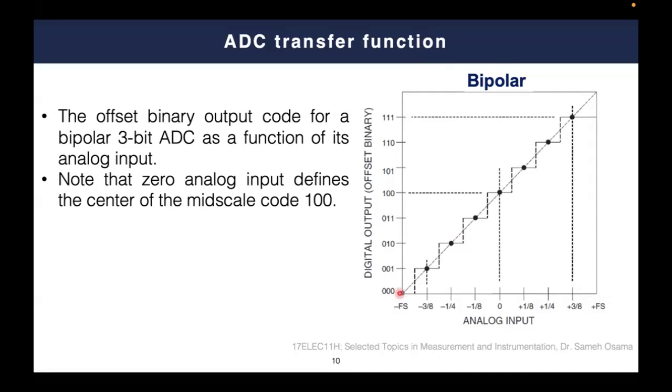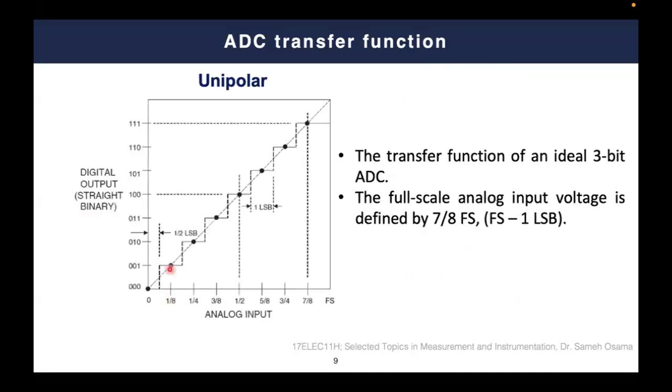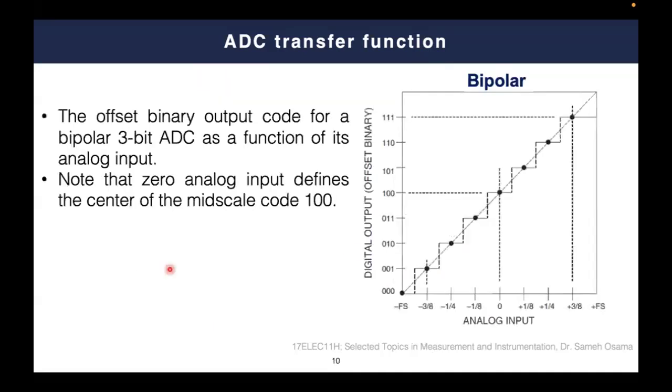So the step between Fs and 3/6 Fs, negative Fs of course, and negative 3/6 of Fs, is Fs over 4, whereas before the variation was Fs over 8 from one step to another. That means you are now doubling the resolution step of the ADC, or in other words, you are increasing the quantization error.